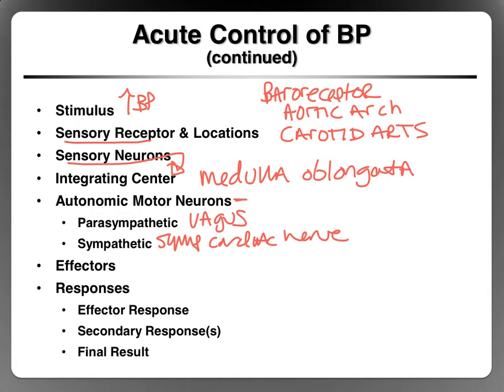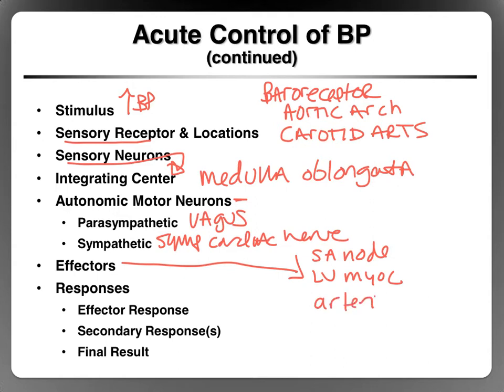The effectors, there's three possible effectors, which we talked about on the last slide, which are the SA node, the left ventricular myocardium, and the arterial smooth muscle. Okay, so you have three effectors.